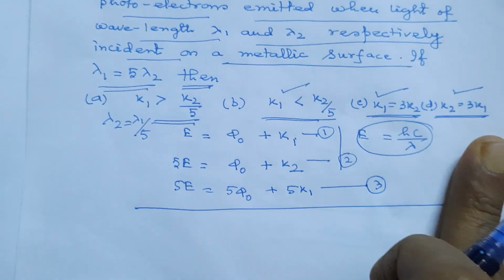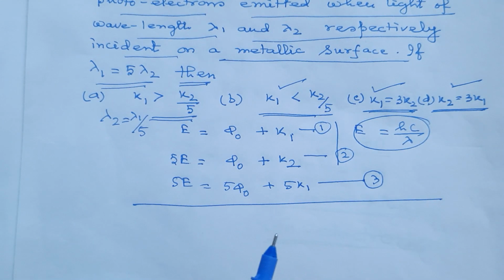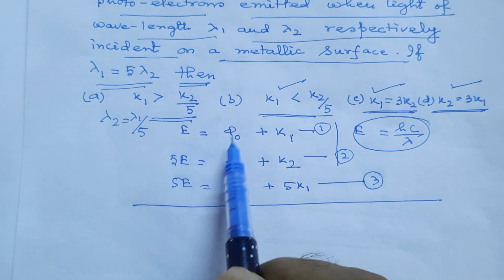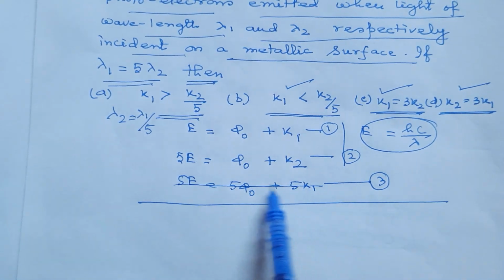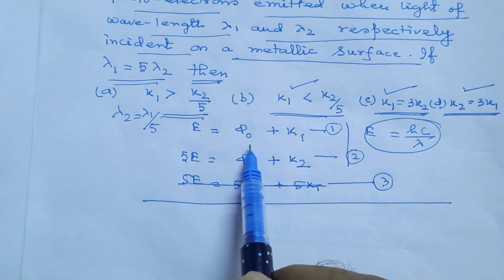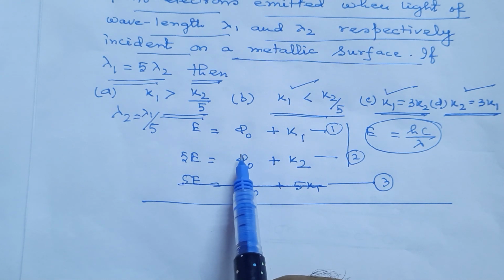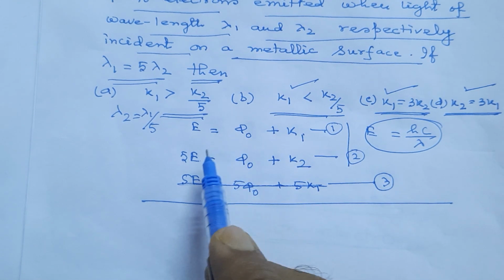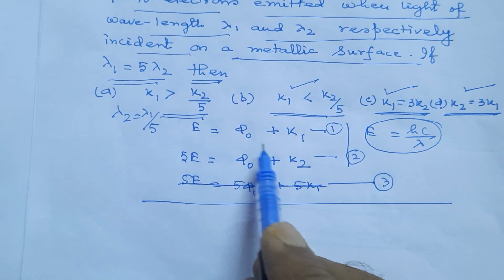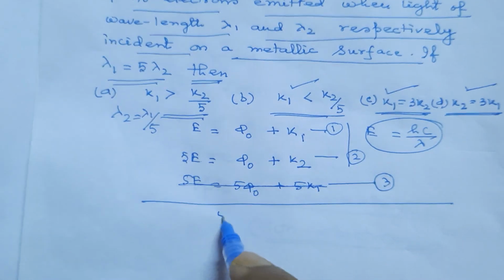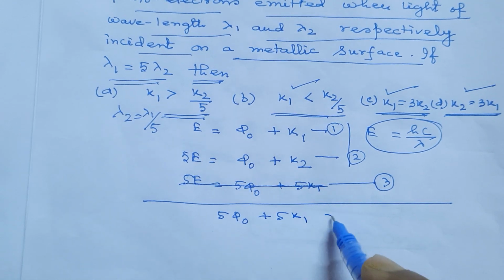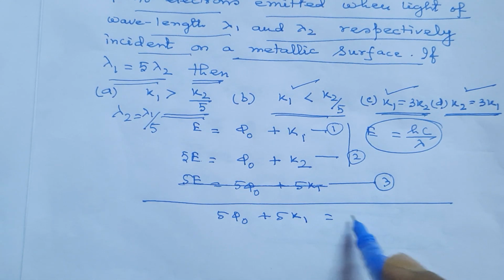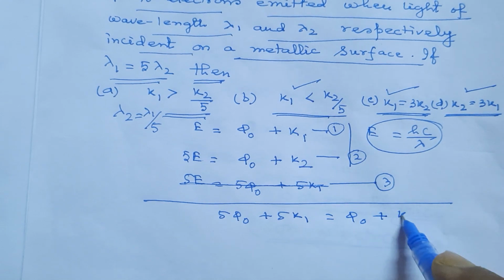From the other equation, 5E equals phi 0 plus K2, and you may equate it. So 5 phi 0 plus 5 K1 equals phi 0 plus K2.